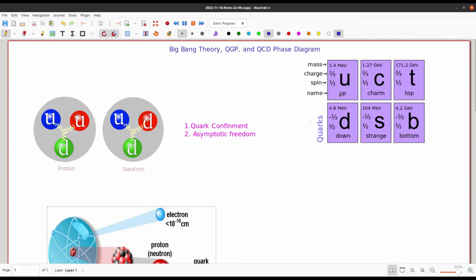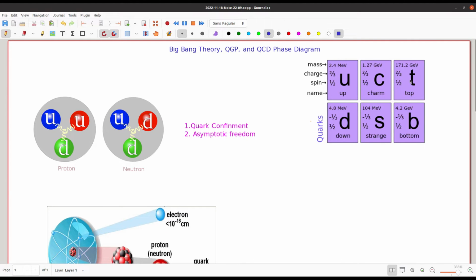We have 6 types of quarks: up, down, charm, strange, top, and bottom. The top has the largest mass, 171.2 GeV. Its charge is 2 by 3 of the electron's, and the spin is 1 by 2, and you can see the mass, charge, spin and name of the others too.